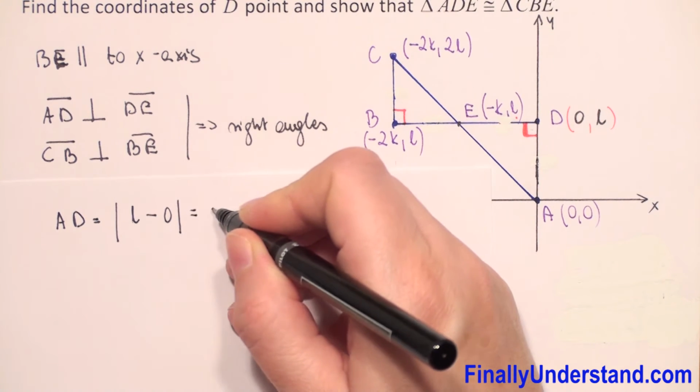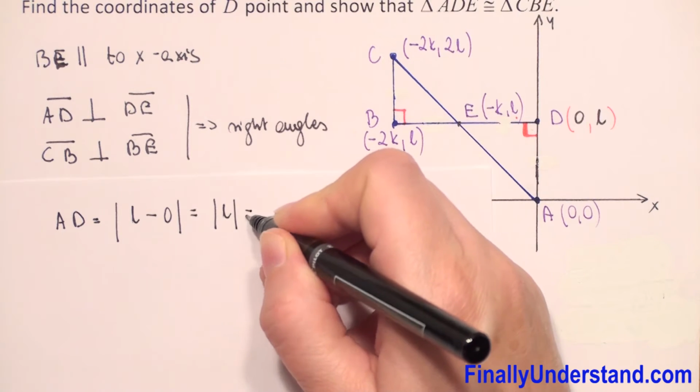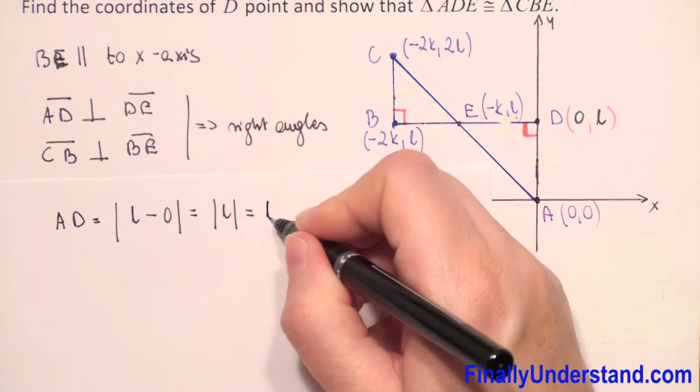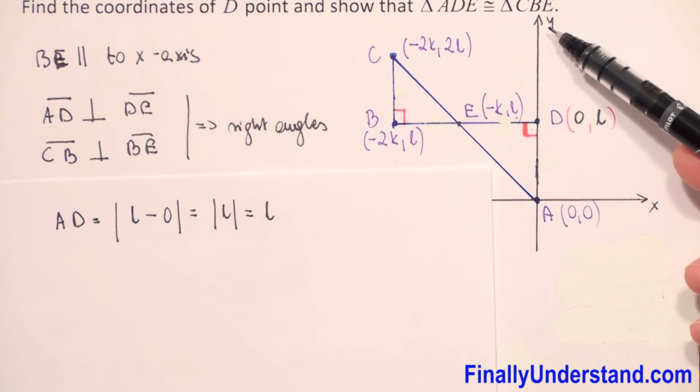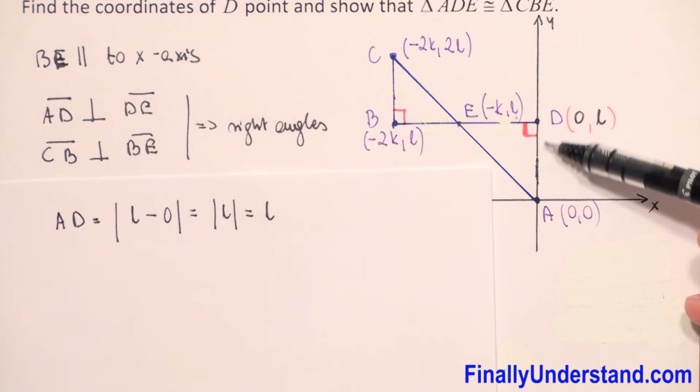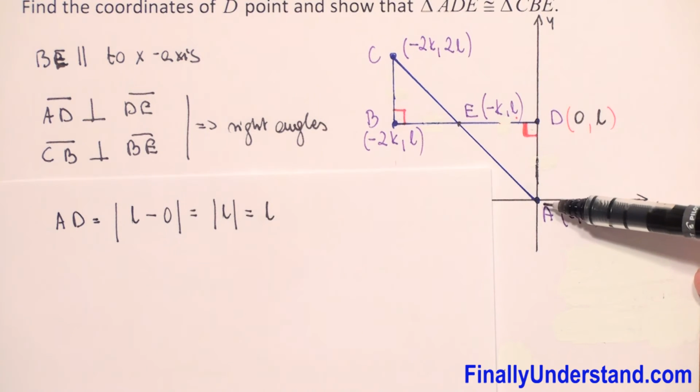So you have absolute value of L. So this is L. Because L is positive, this part of the y-axis has positive values because we are above the x-axis. So we have AD.